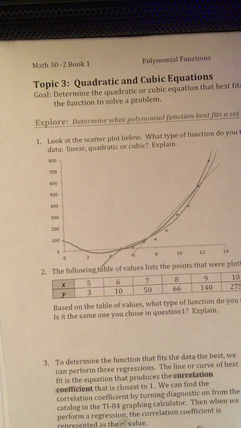Or you may say, I think they're pretty much in a straight line, so we'll use linear. Or you may say, I think it actually fits cubic. It's up to you as to what you think. There's actually a methodology where we can tell. So that's what we're going to do right now using our correlation coefficient.